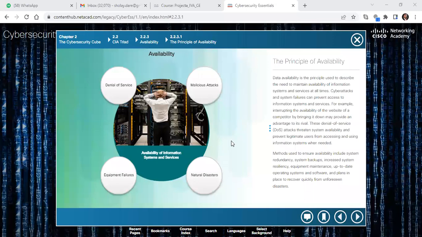The methods used to ensure availability include system redundancy, system backups, increased system resiliency, equipment maintenance, up-to-date operating systems and software, and plans in place to recover quickly from unforeseen events.